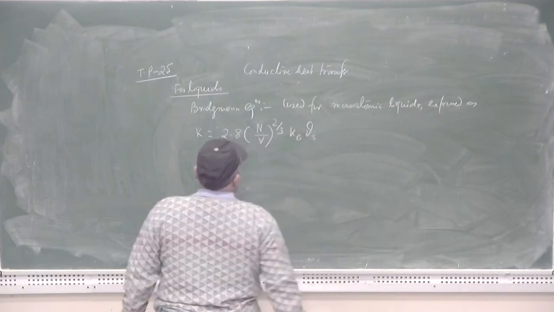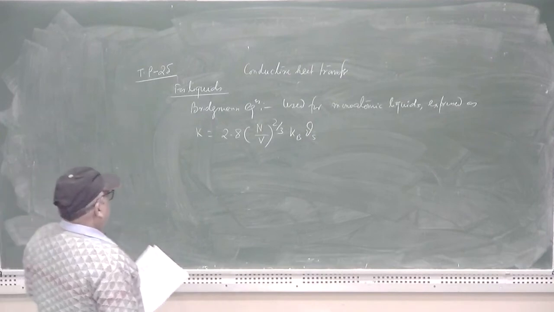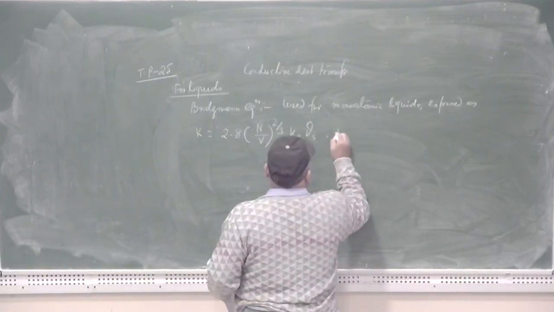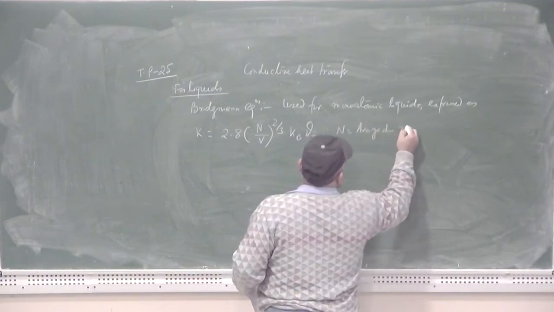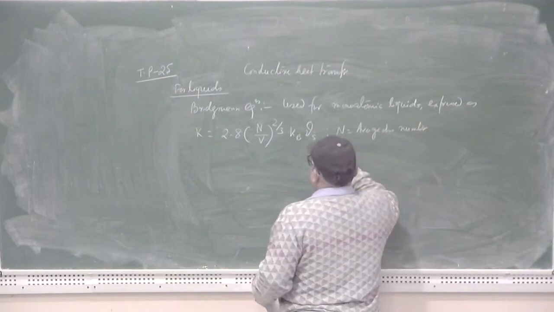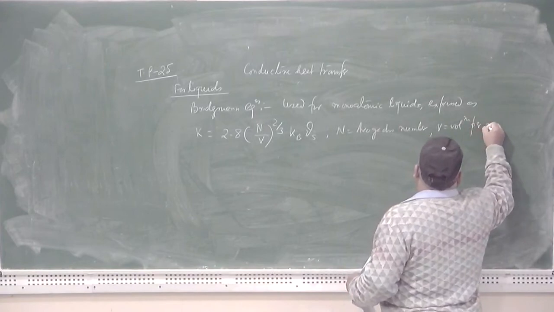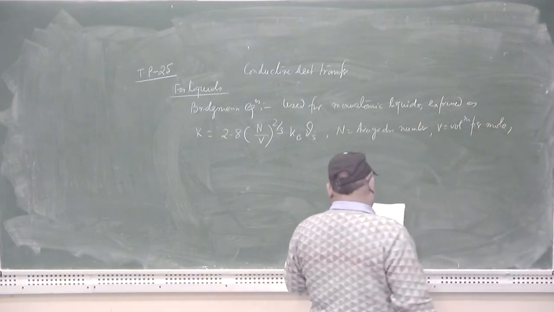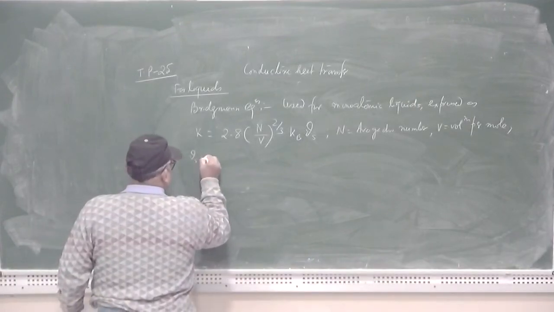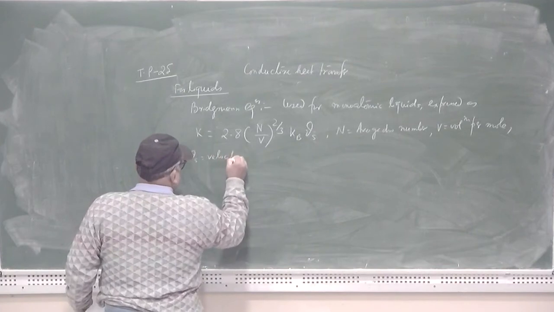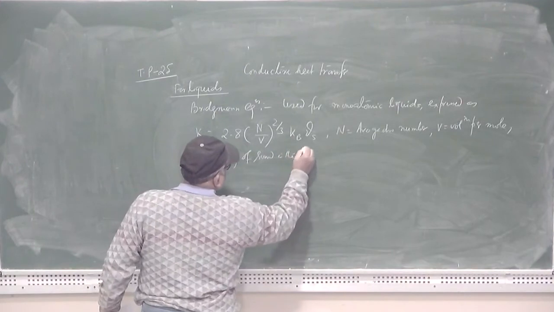Here N is the Avogadro number, V is the volume per mole, and Vs is the velocity of sound in the liquid.